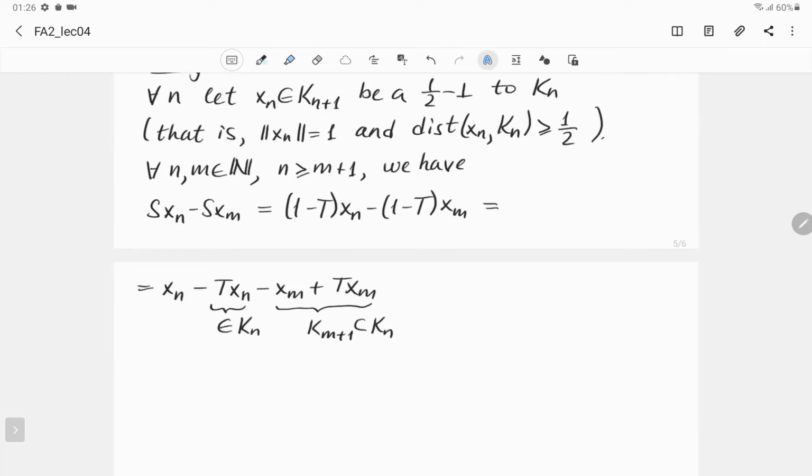So we see that when we calculate the norm of this vector, so what can I say about the norm? All these three vectors are in Kn, and xn is 1/2 perpendicular to Kn. So by the choice of xn, we conclude that this is greater than or equal to 1/2.